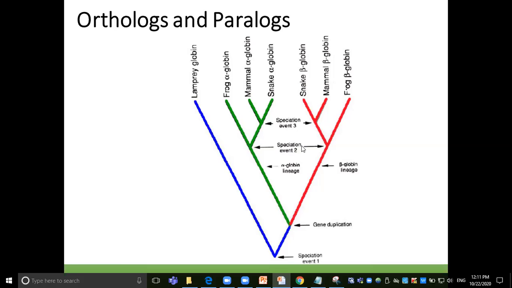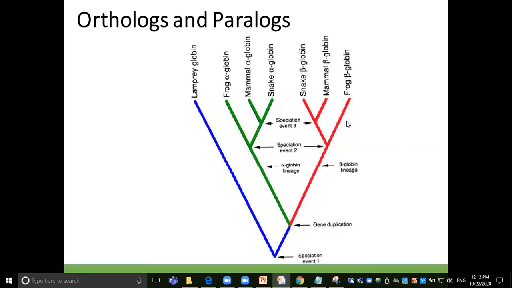speciation occurred. So what is that? A new species appeared. And here at this point, this speciation, you can see again a new species appeared. However, if you look at here, there is a gene duplication event.